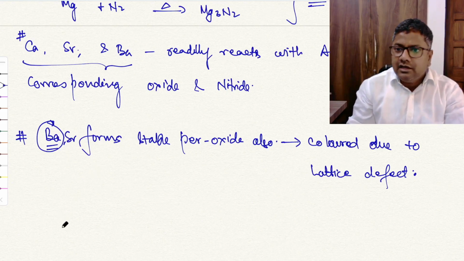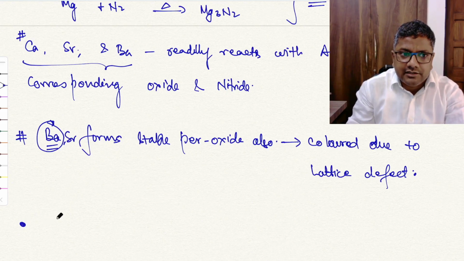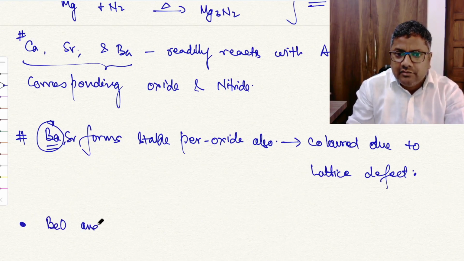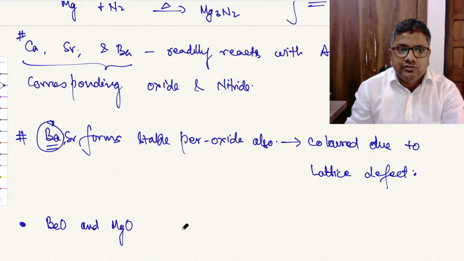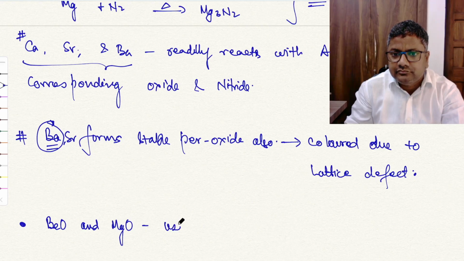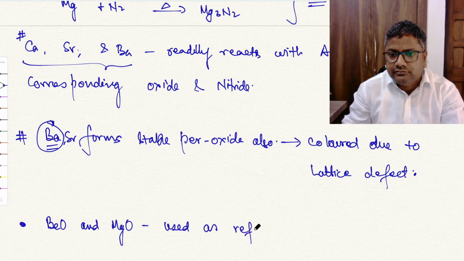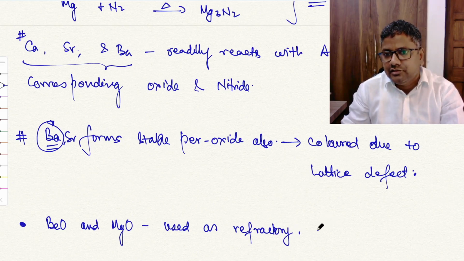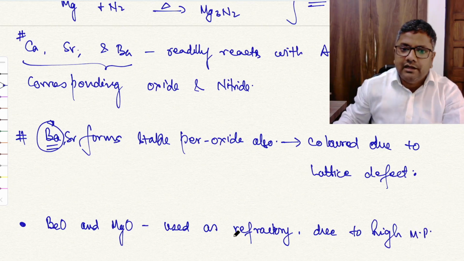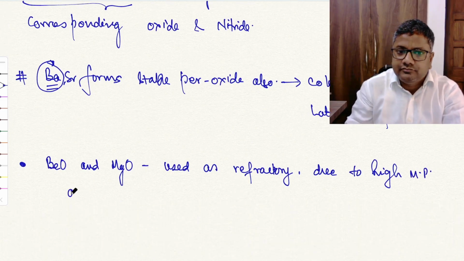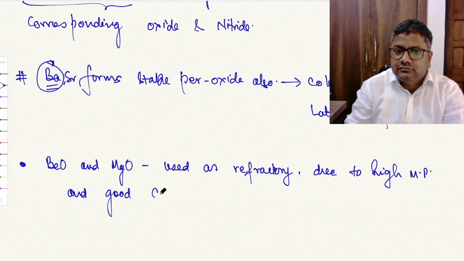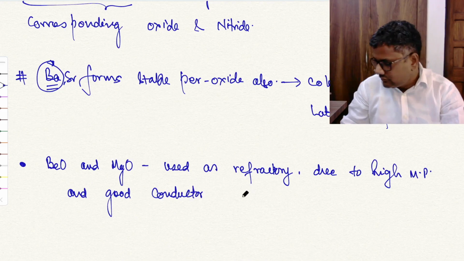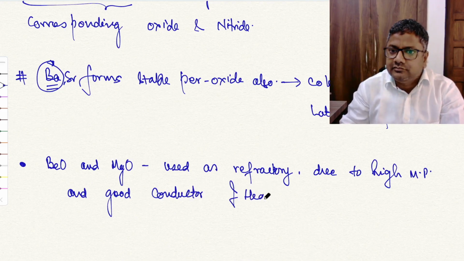And one more important property here is that beryllium oxide and magnesium oxide are used as refractory, because they have very high melting point and are good conductors of heat, right?